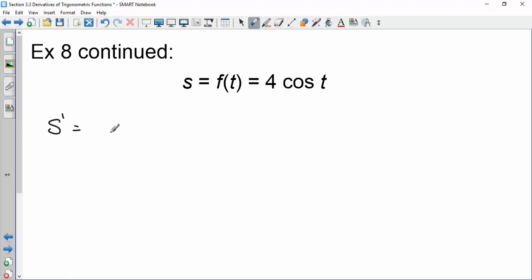So our first derivative, since 4 is just a coefficient, do we have to do product rule? No, it just stays. So it's 4 times, what's the derivative of cosine? Negative sine t. So you just get negative 4 sine of t. That's your velocity.